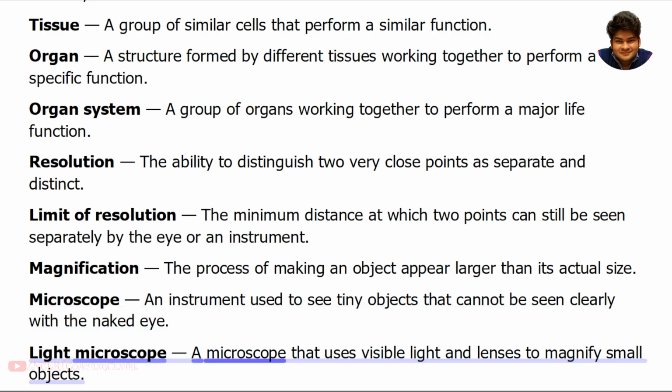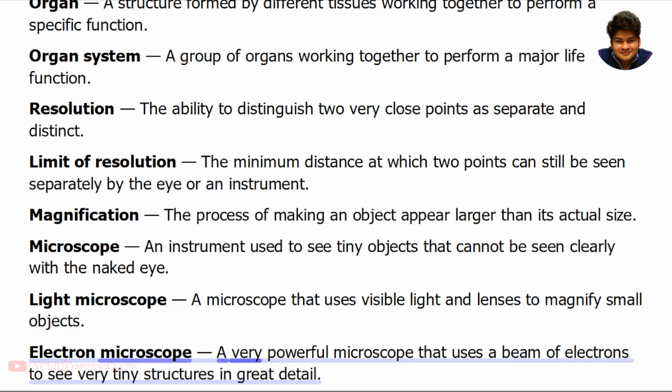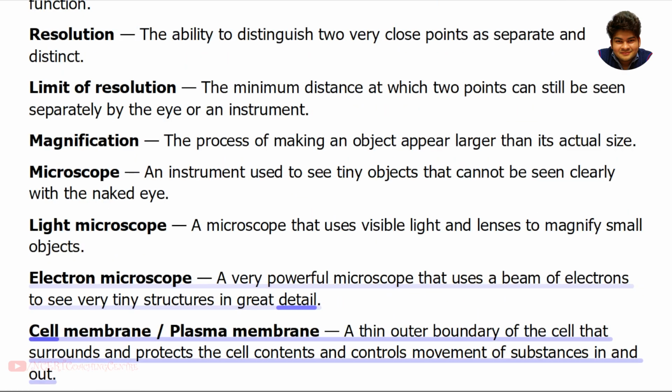Light microscope, a microscope that uses visible light and lenses to magnify small objects. Electron microscope, a very powerful microscope that uses a beam of electrons to see very tiny structures in great detail. Cell membrane/plasma membrane, a thin outer boundary of the cell that surrounds and protects the cell contents and controls movement of substances in and out.